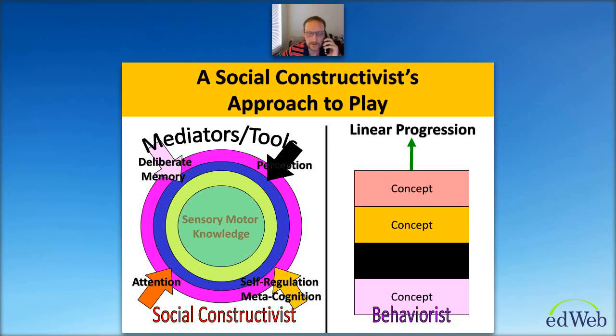Those tools of the mind are things we would call memory, perception, attention, and self-regulation. If you have good memory, if you can pay attention to something, if you can regulate your behavior, the better disposition you have to learn that information.